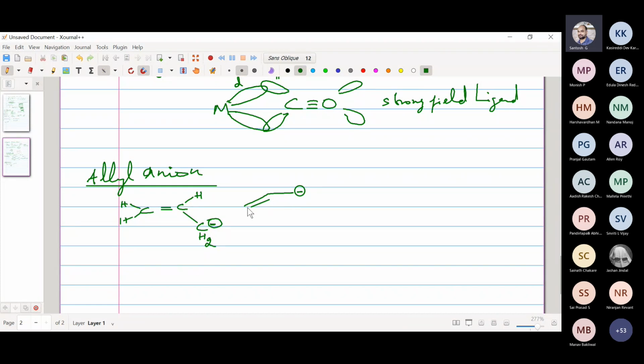Now, if you know about resonance structures, this can be in resonance with this structure. Okay, how this negative charge can move in, and this bond you can push it this way, if you know what electron pushing means in chemistry.